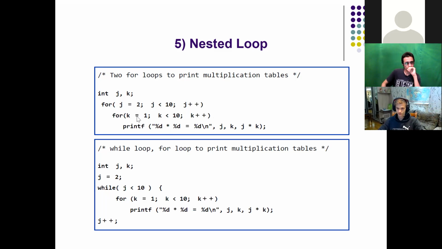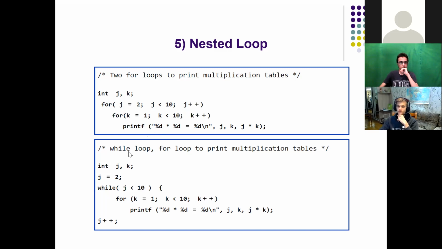When this loop runs, it will take 2, and then it will take k as the second number, and then multiply each of them as the answer. So here 2 will be multiplied 10 times, which means it will print the multiplication table of 2, and then it will get out of this loop, do the increment, and move to the number 3, and print the multiplication table of number 3, and then numbers 4, 5, 6 until 9. Okay, guys, did you get the logic?